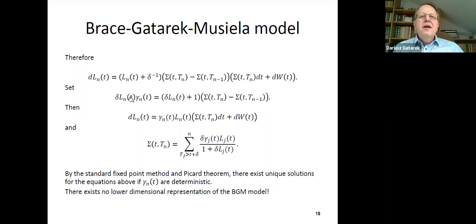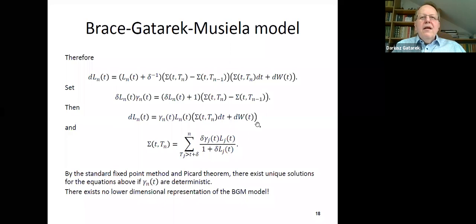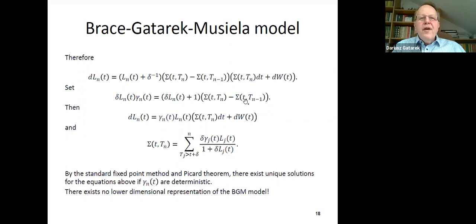So still we don't make any assumptions. So this is mimicking with formulas. And of course, in that situation, we've got such an equation for the forward LIBOR. So sigma is a bond volatility, is a term here.